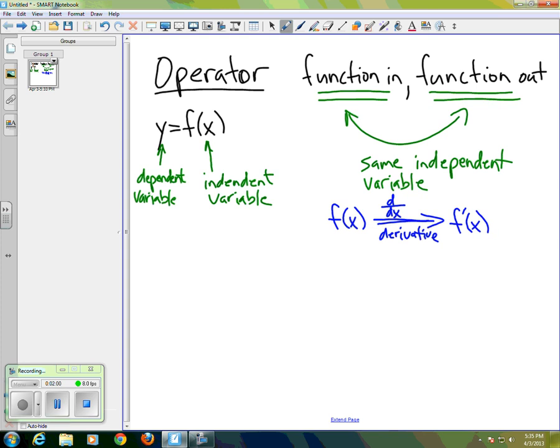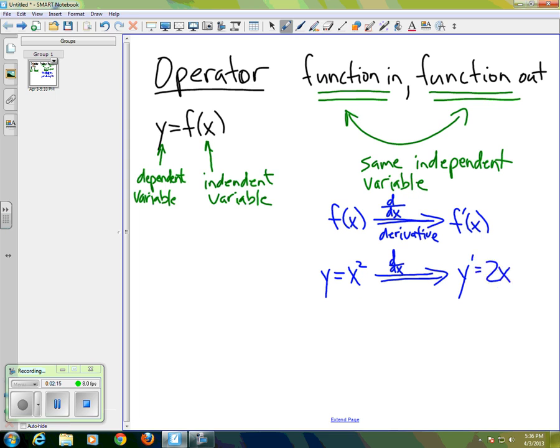So for example, if our function going in is x squared, let me write y equals x squared, then when we do the derivative d dx, the derivative is y prime equals 2x.